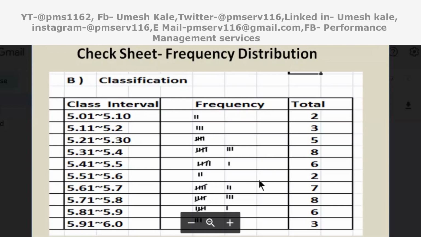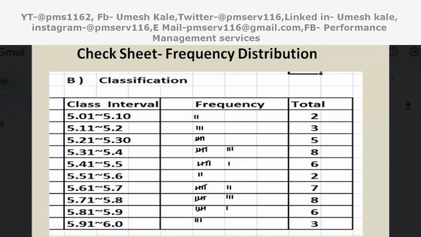One chart we have made, you can see in the slide. This is the frequency distribution chart. The first column is the class interval, the second is the frequency, and the third is the total observations derived from the frequency. We have made different classes. In the last slide we saw our observations range from 5.01 to 5.91.